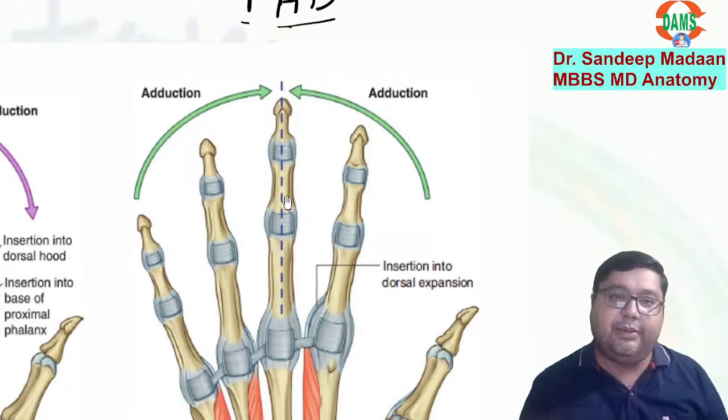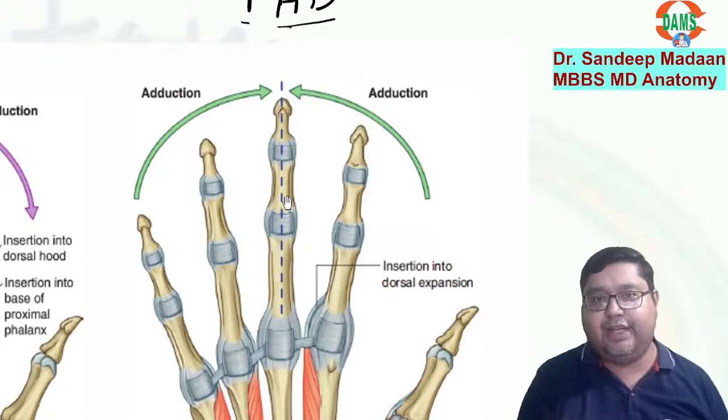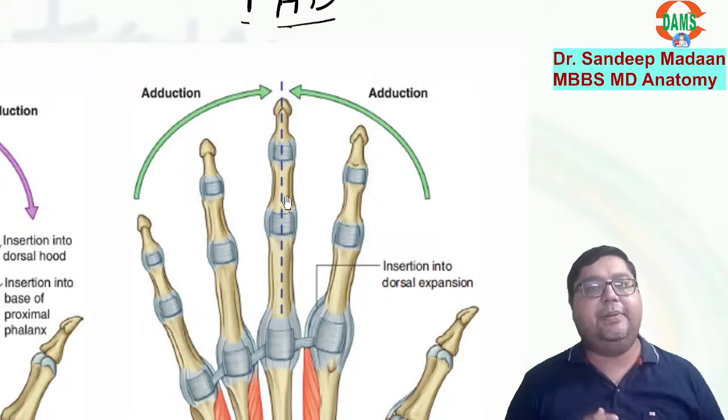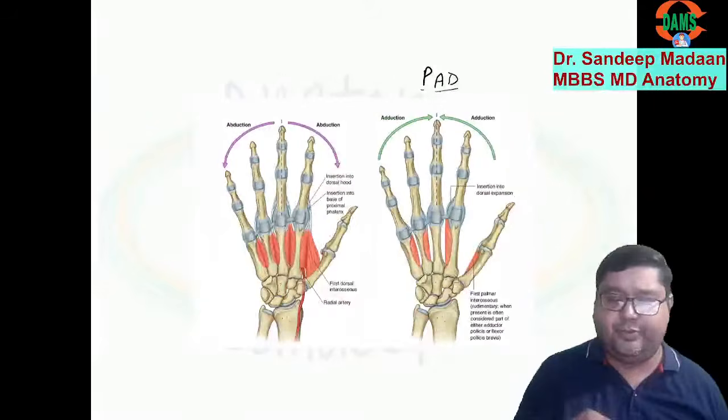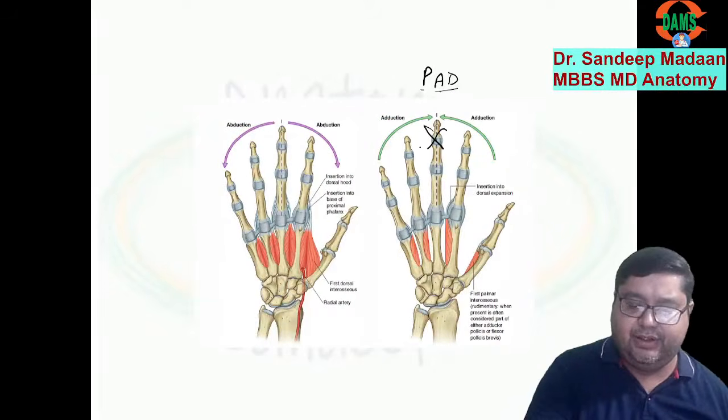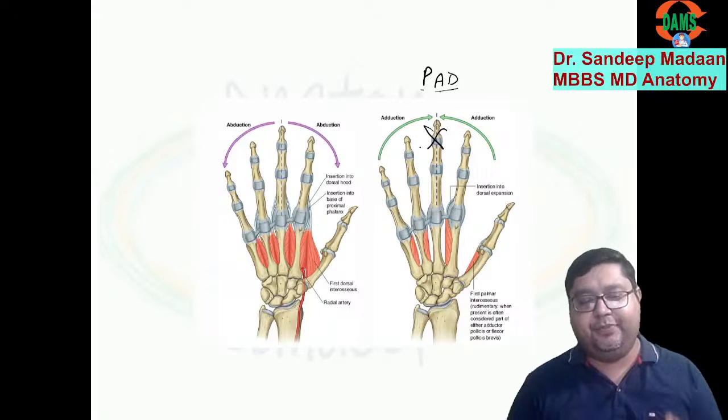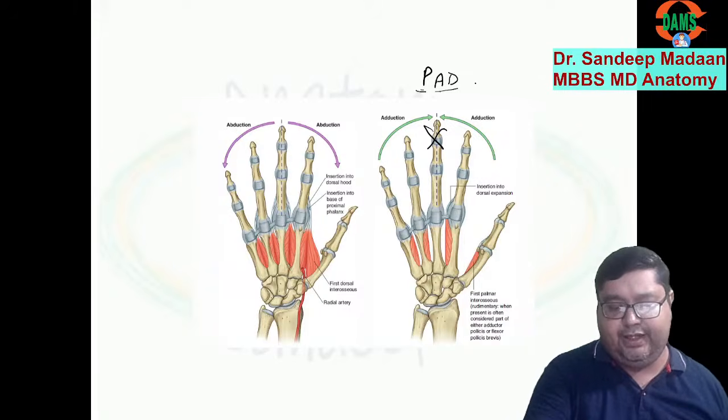You cannot bring him any closer to the axis. It is already in the axis. That means adduction is not required. Adduction is not possible. If adduction is not possible, palmar interossei will be absent in the middle finger. So palmar interossei PAD is absent in the middle finger.